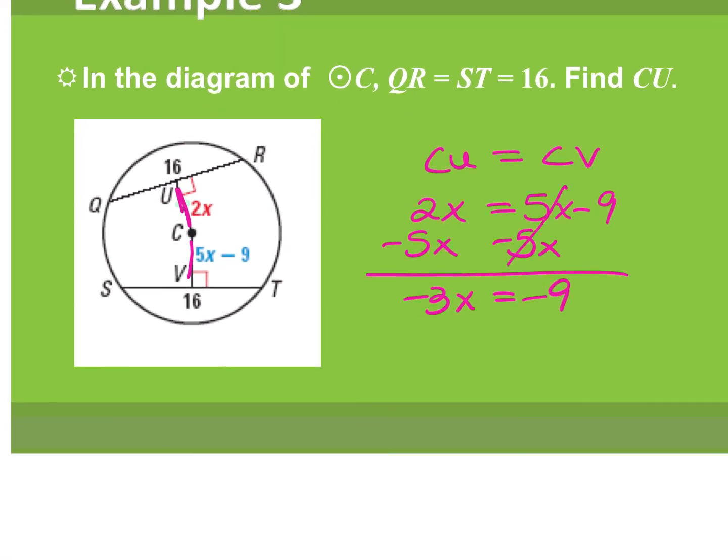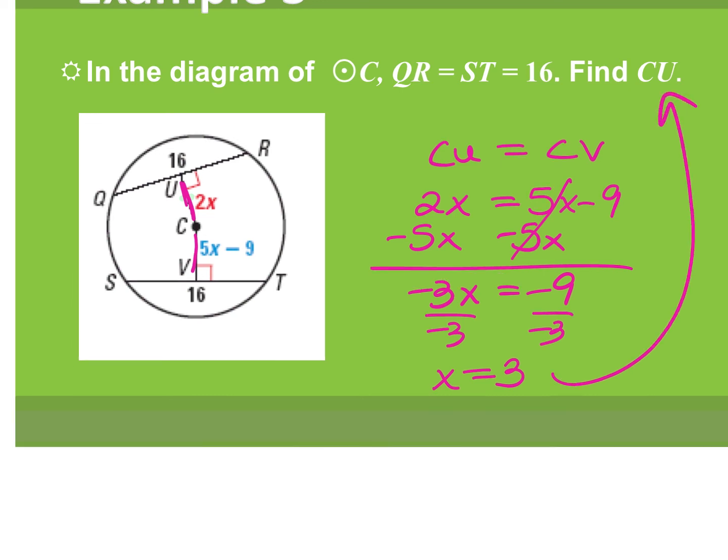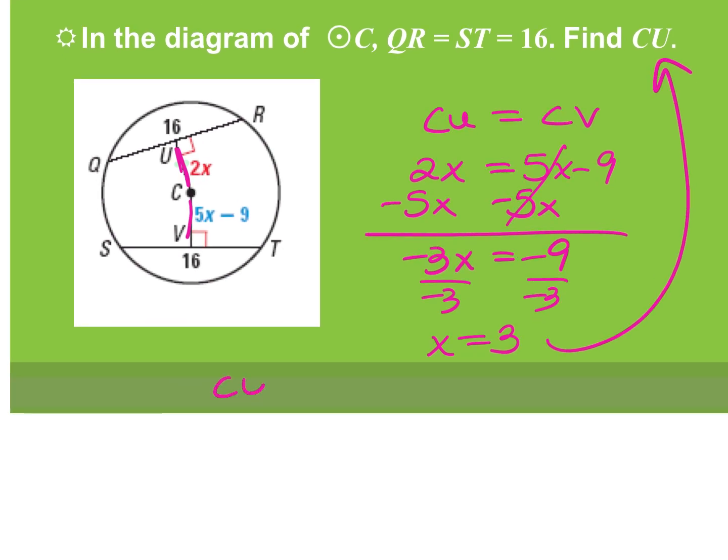And then now I divide by -3. X equals 3. And it didn't ask me to find x. It wanted me now to find CU. And remember, CU is equal to 2x. So now I just have to do 2 times 3, and the length of CU is 6.